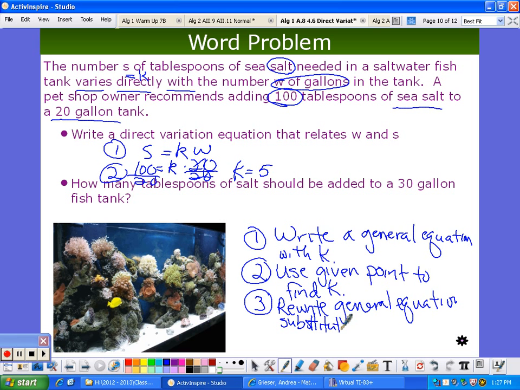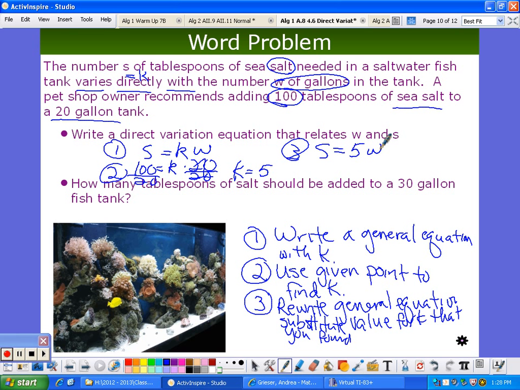Substitute the value for K that you found. All right, so let's see. K is 5. So step 3 says you've got S equals KW. K is 5. S equals 5W. So there we go. I've got the equation.